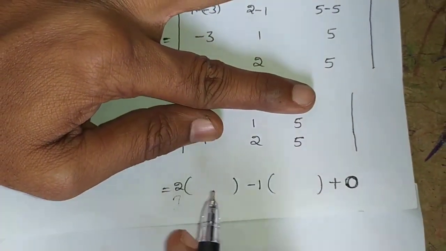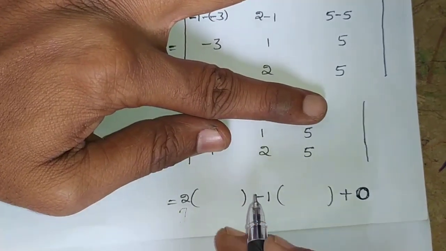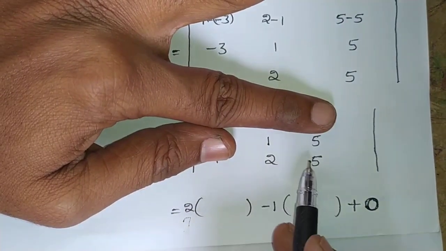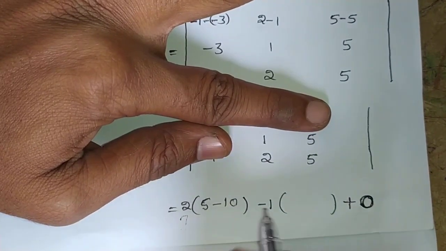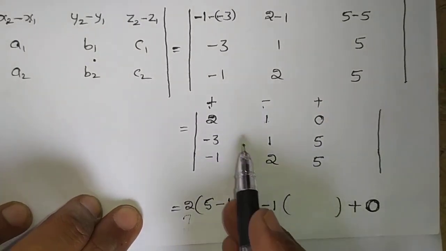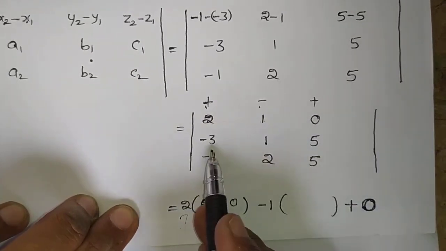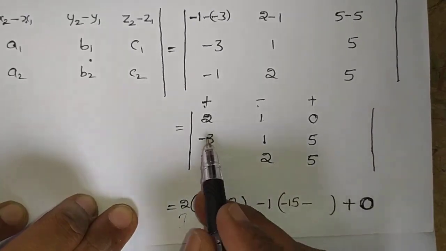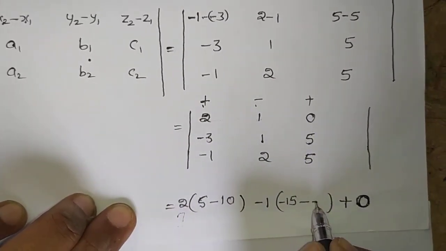We have learned this and solved many questions based on finding the determinant value. I hope you understood well. 1 into 5 is 5, minus 5 into 2 is 10. Next, minus 1 into, deleting the corresponding row and column, minus 3 into 5 is minus 15, minus 5 into 1 minus 1 is minus 5.